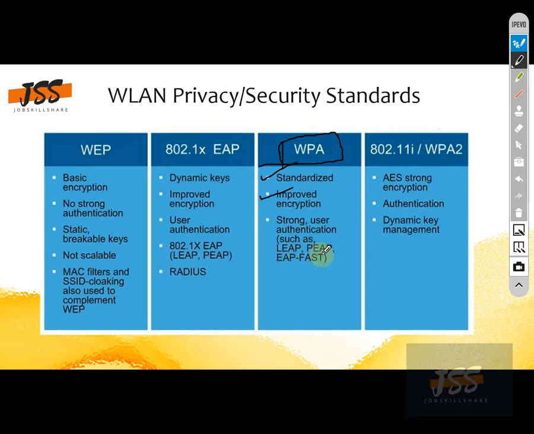It used things like LEAP, PEAP, and there is another thing they call TKIP, which is Temporal Key Integrity Protocol. As we know WEP uses 40-bit, but in TKIP they made it more advanced, and they used 64 all the way to 128-bit of encryption.